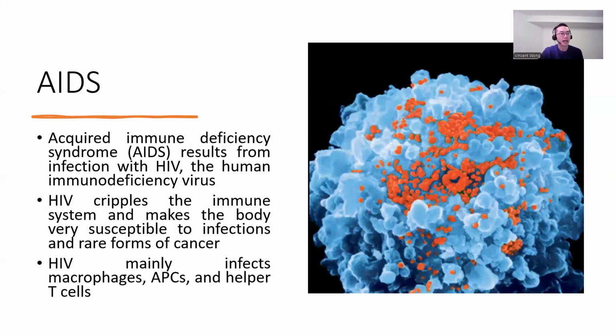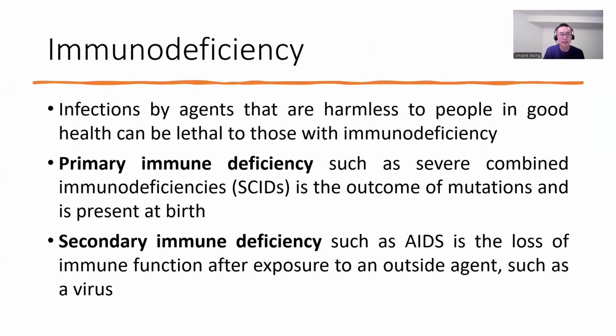Okay, lastly, AIDS, which is acquired immunodeficiency caused by the HIV virus. Okay, so that's a secondary immune deficiency. The person is not born with AIDS, they caught it. Okay, because they were exposed to the HIV virus.